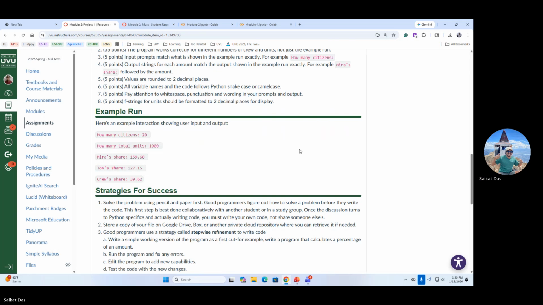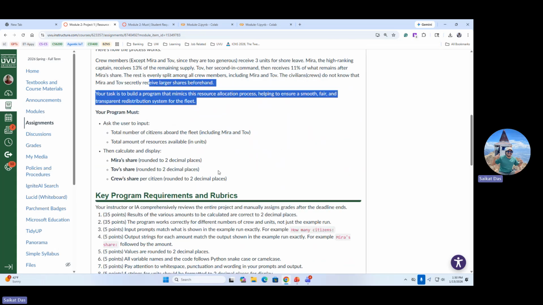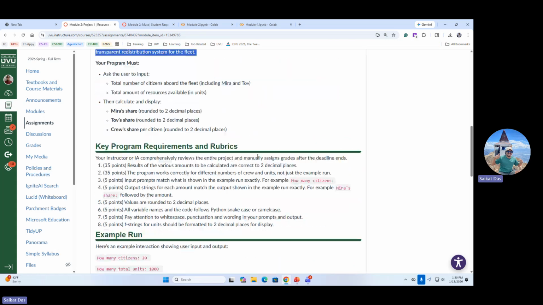Okay. Are you done? Mostly. We don't have any other steps, just to calculate the output. What are the outputs? Mira, Toph, and crew. There's some tiny information: whenever you're calculating Mira's share, you need to round to 2 decimal places. Whenever you're calculating Toph's share, round it.